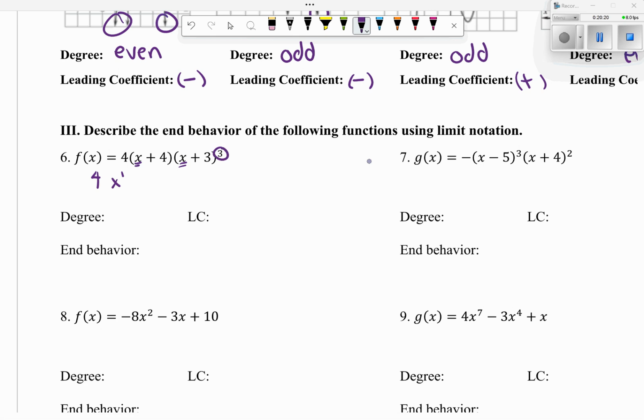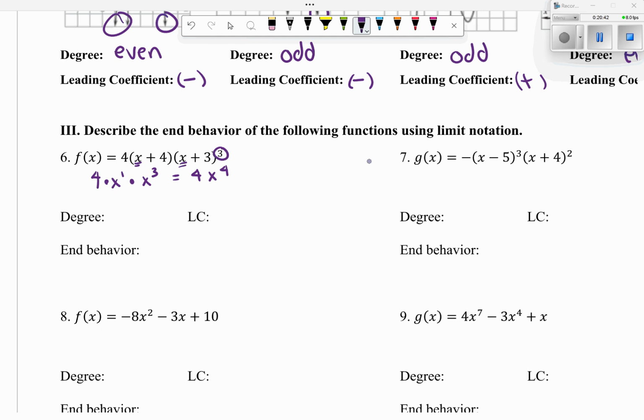If we were to FOIL all this out, it might take us longer. It's easier just to look at those first terms. So we have 4 times x to the first times x cubed. When you add those exponents, you get 4x to the fourth. So that is my lead term.